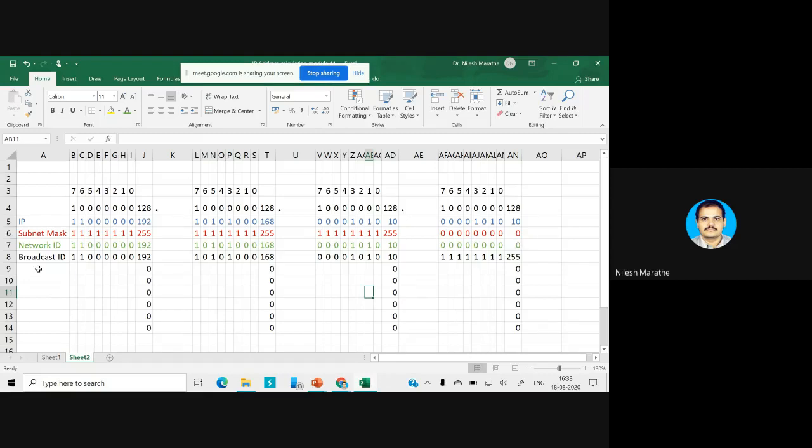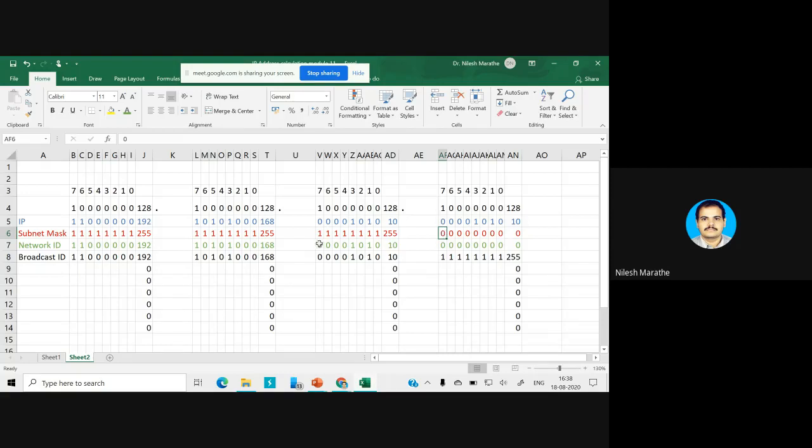Now to get the broadcast ID, or the last ID of that particular network, we make all the host bits 1. How can we find the host bits? The number of zeros in the subnet mask tells us the number of host bits.